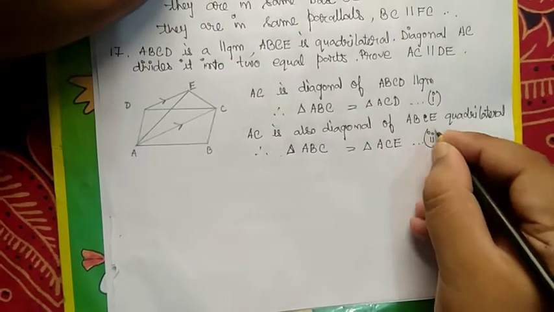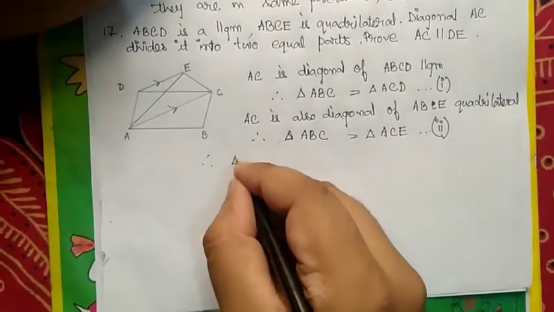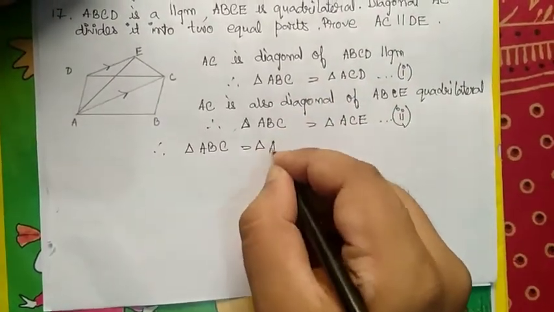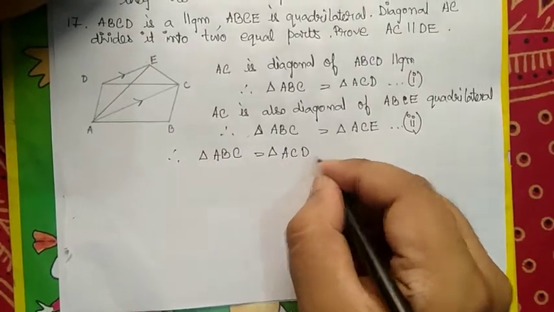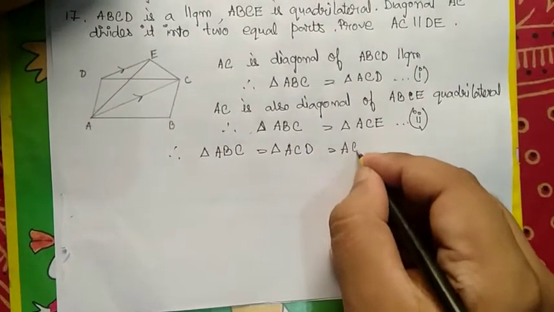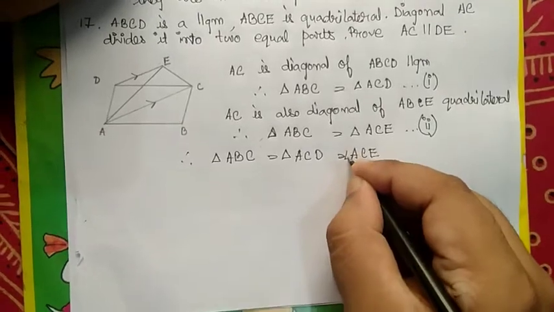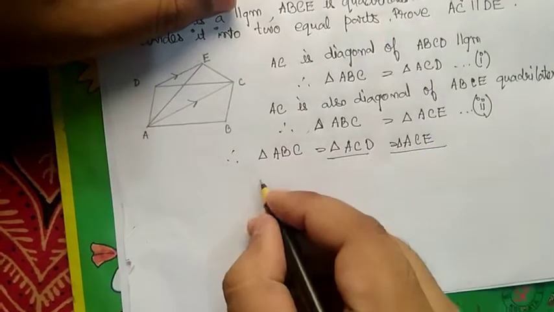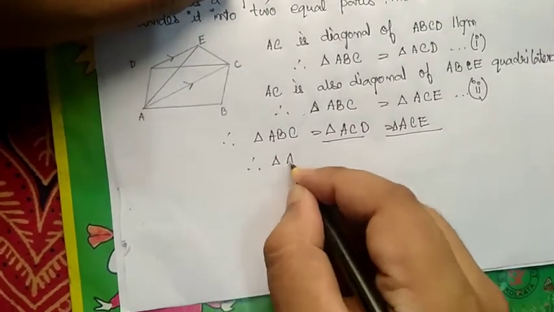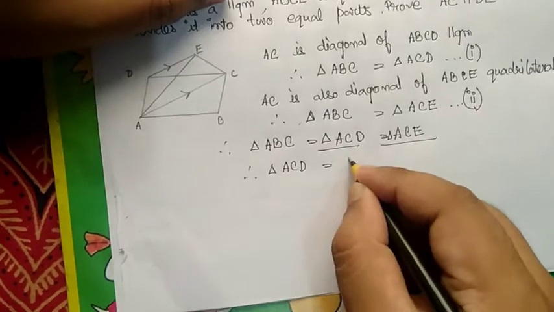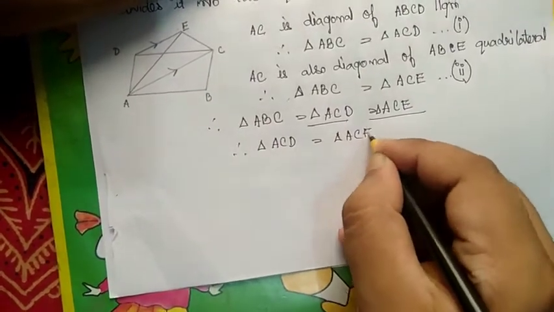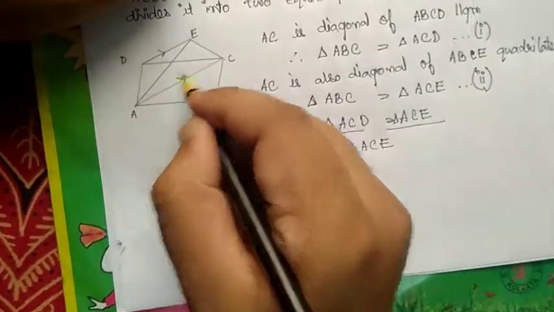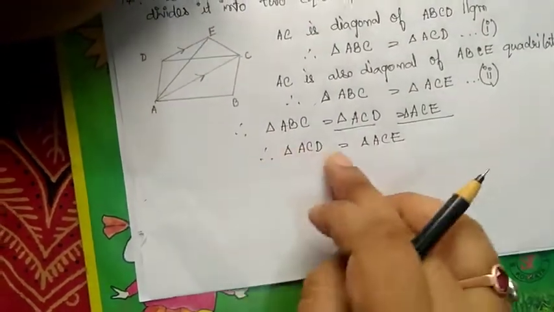So from 1 and 2 we can say that triangle ABC equal to triangle ACD equal to triangle ACE. These three triangles are equal in area, so therefore triangle ACD equal to triangle ACE. So ACD, this triangle, and ACE, this triangle, are both equal in area.